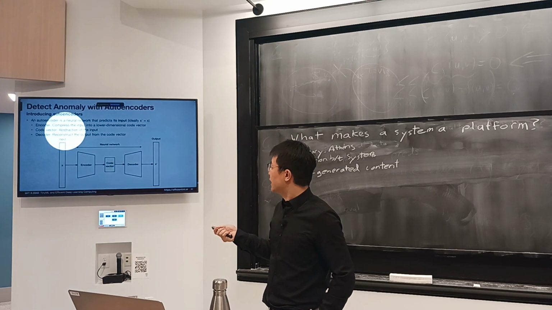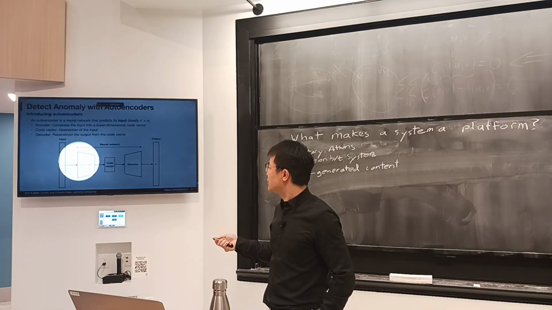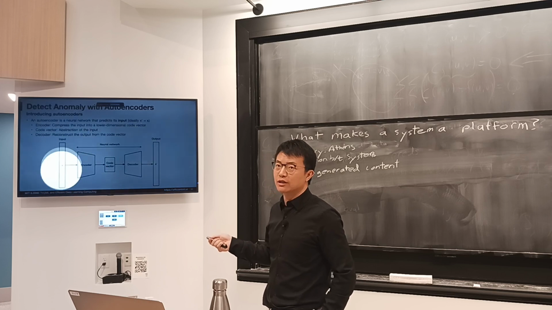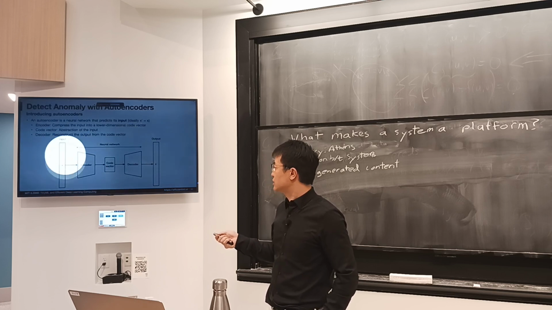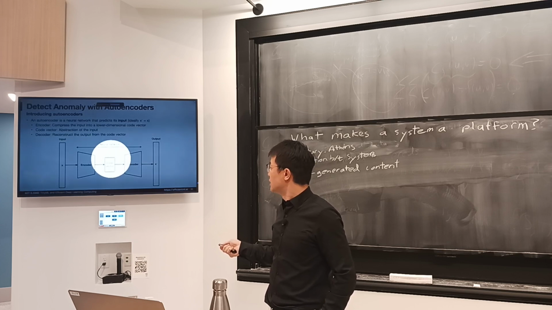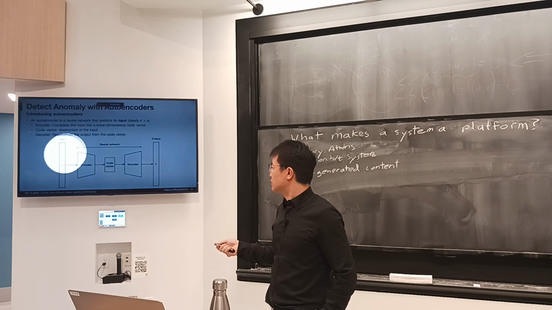So given an input signal, it first passes through an encoder, okay, and projected into a low-dimensional code vector. So input may be of high dimension, like high-resolution image. Here it has a very low dimension, which is an abstraction of the input. Okay?